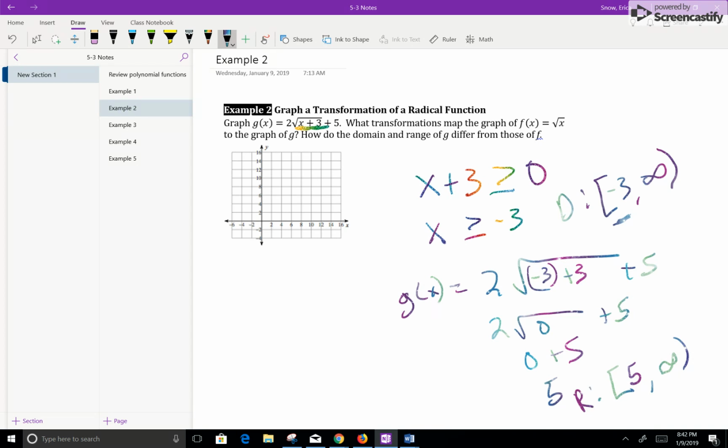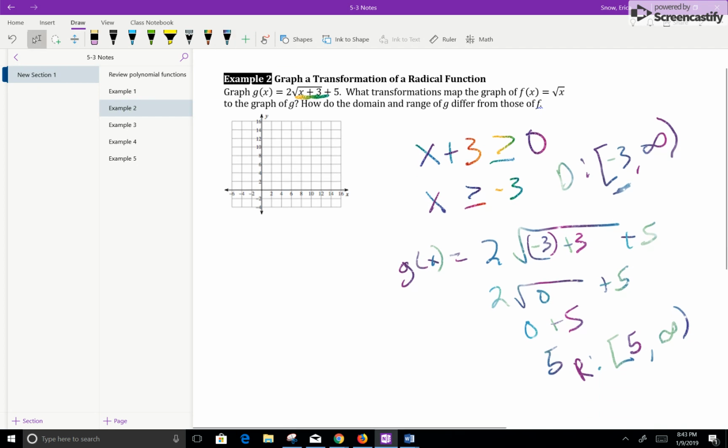Now comes the really hard part. We've got to figure out how to pick x's so that we're getting nice, pretty numbers there for our domain and range. Or you can just remember what's happening with your parent function. So we're going to start over here at negative 3, 5. That's going to be our new vertex. And I love how they gave us a graph with even spacing, and we're starting out with an odd shift. Gotta love Pearson for that reason.